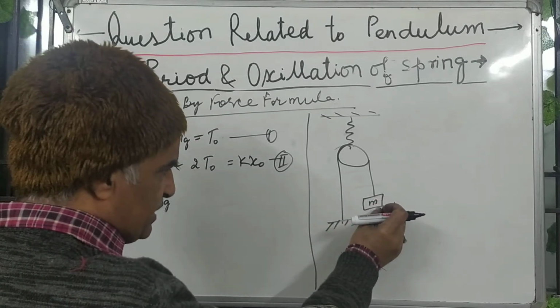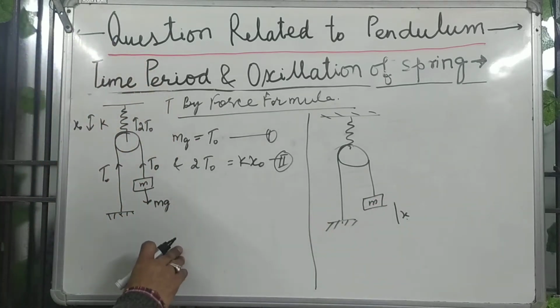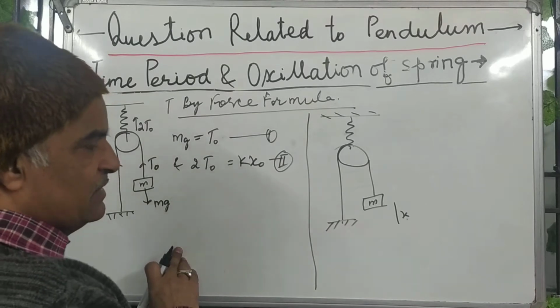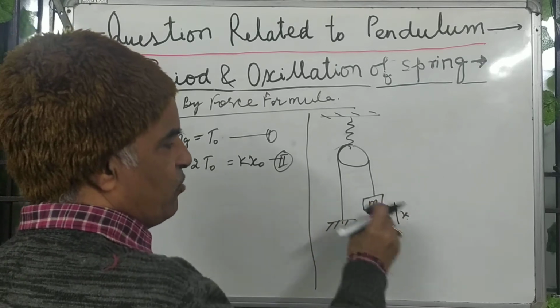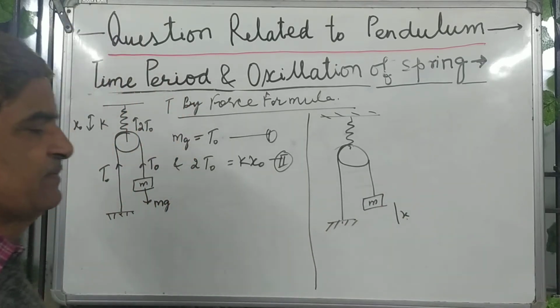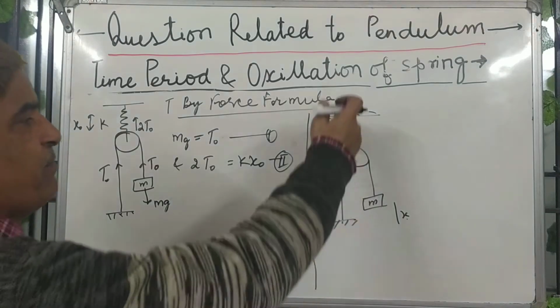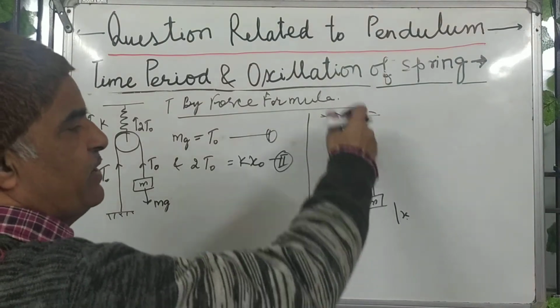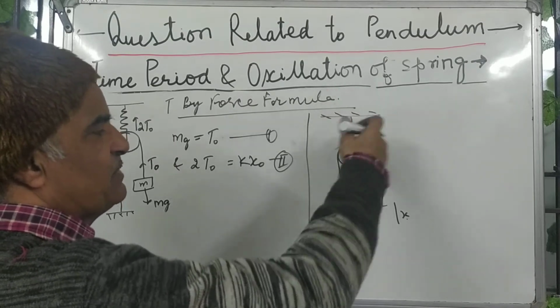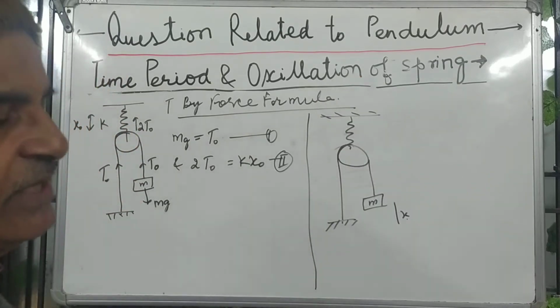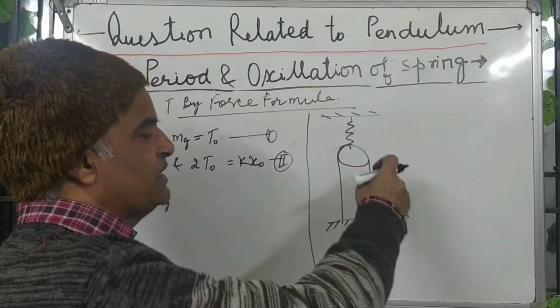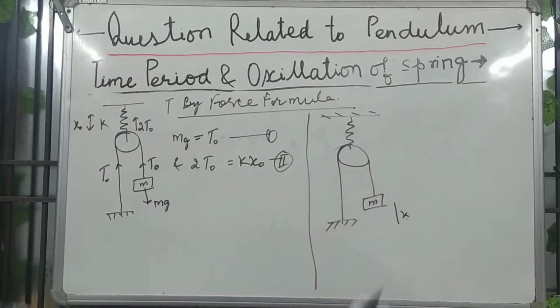Now this mass is displaced a little bit by distance x, so it starts oscillating, and the time period of the oscillating mass m is to be found. This is important: not the time period of this, not the time period of that. Here there is no mass, the spring is massless, the pulley is massless. We are going to find the time period of the m mass body. The m mass body is oscillating, and its time period is to be found. This question is important to clear the concept.